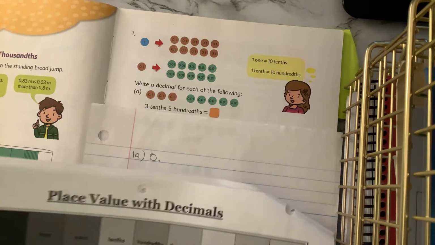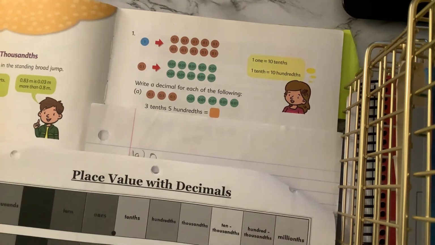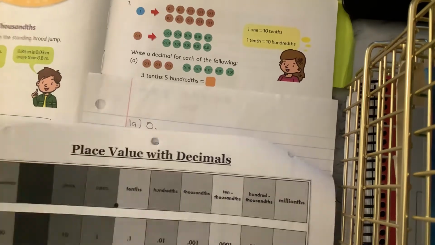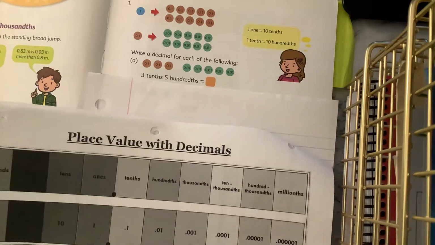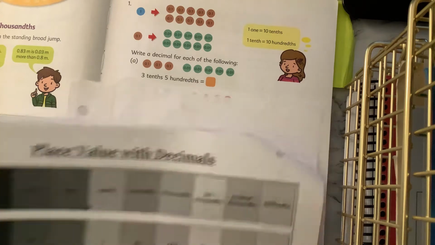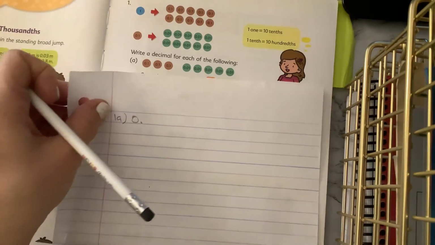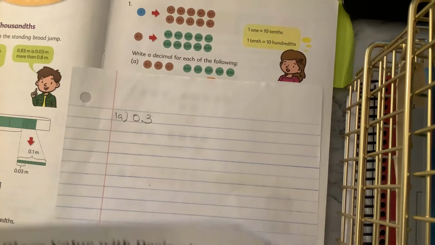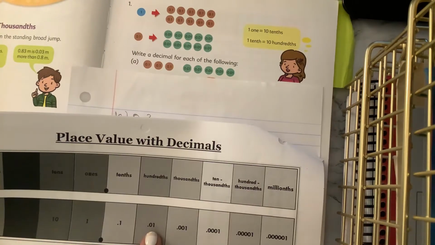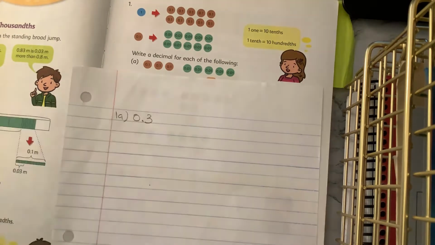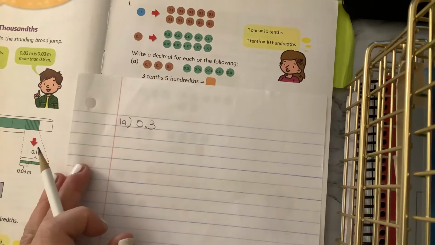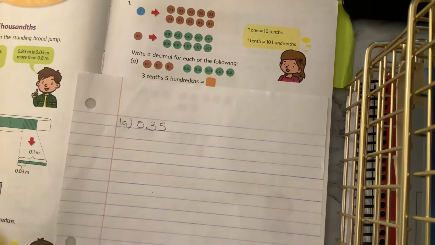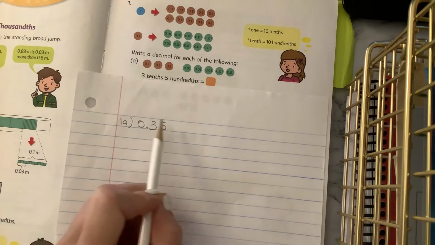So if we look at our place values chart here, our tenths place is right here, except it's not 1/10, there's 3 of them. So that means in the place that's right to the right of the decimal point, we're going to put 3. And again, hundredths is 2 over from our decimal point, so 3 tenths, 5 hundredths. This is how we'd write it.